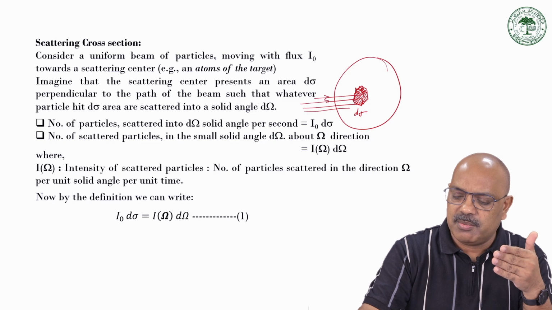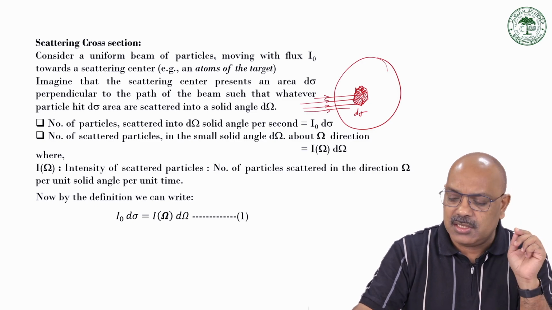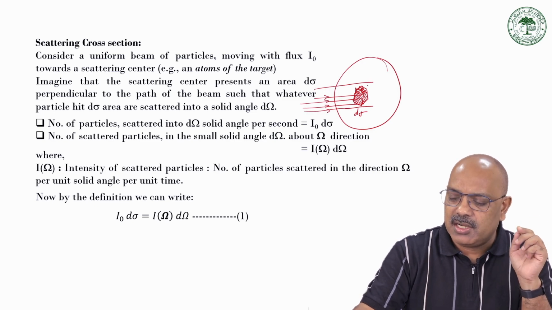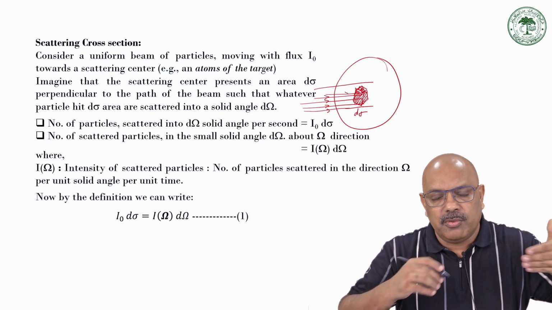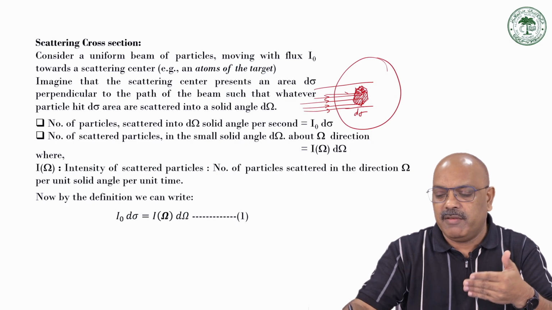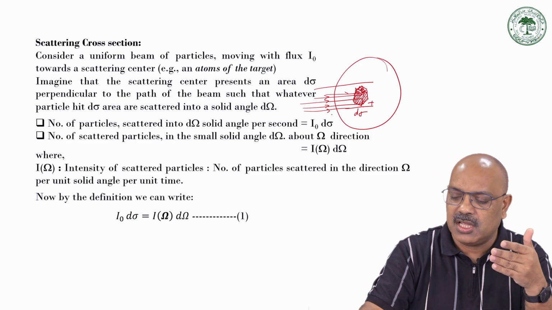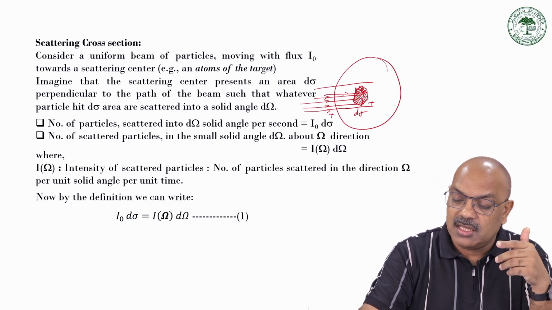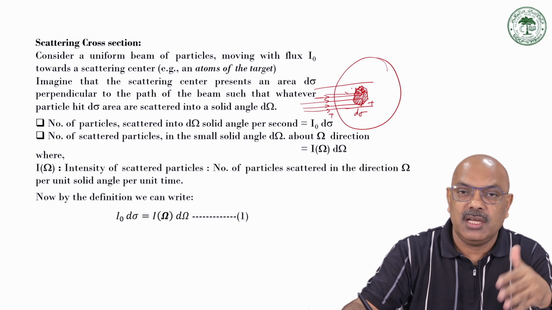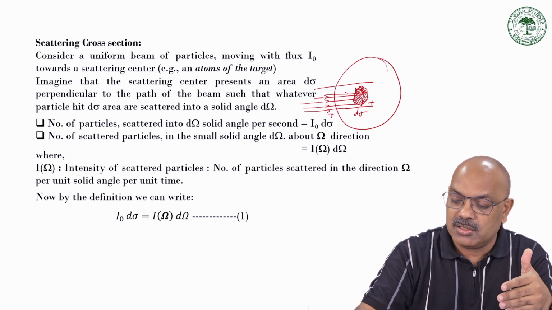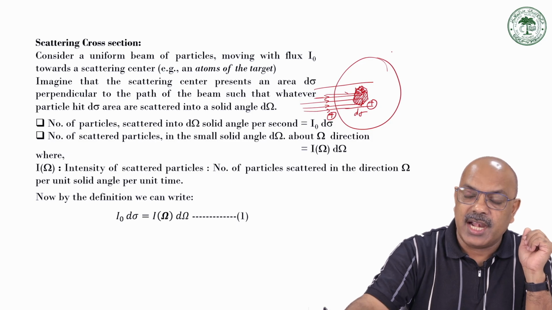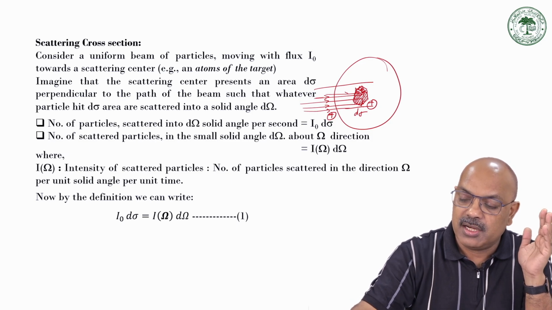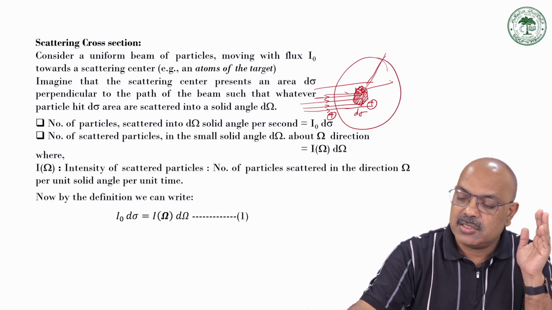When these particles, which are of the same mass and same energy, are coming, some will not hit and some will hit this d sigma area. Depending upon whether this is a positive charge and the particle is also a positive charge, the particles are going to scatter into a solid angle. From here it will scatter into some solid angle.